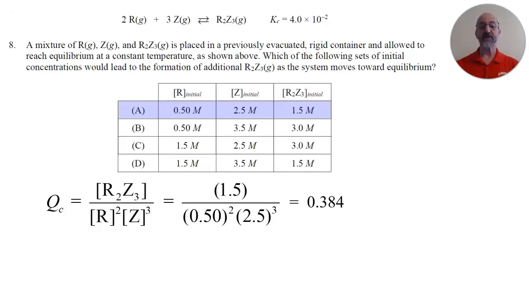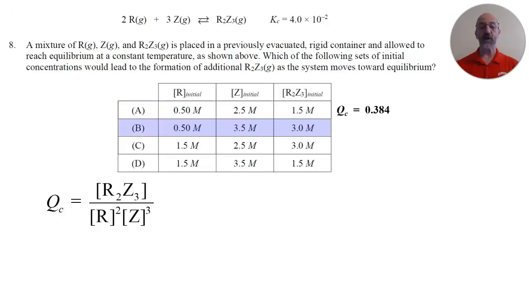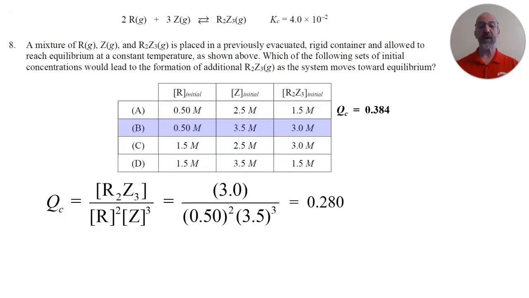At this point, I'm just going to write it down, and then I will move on to choices B, C, and D, doing a similar type of calculation. So in choice B, the math is the following: 3 divided by the product of 0.5 squared times 3.5 cubed. So when I do that math, I get a value of 0.280 for my reaction quotient.